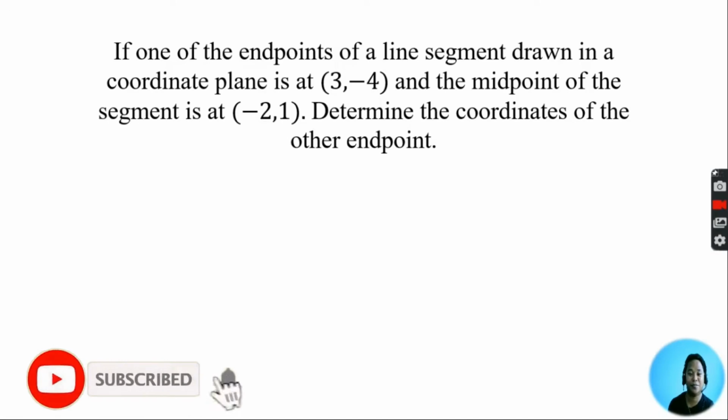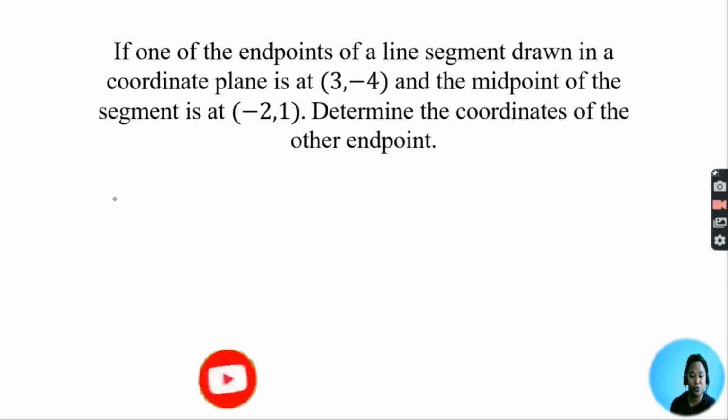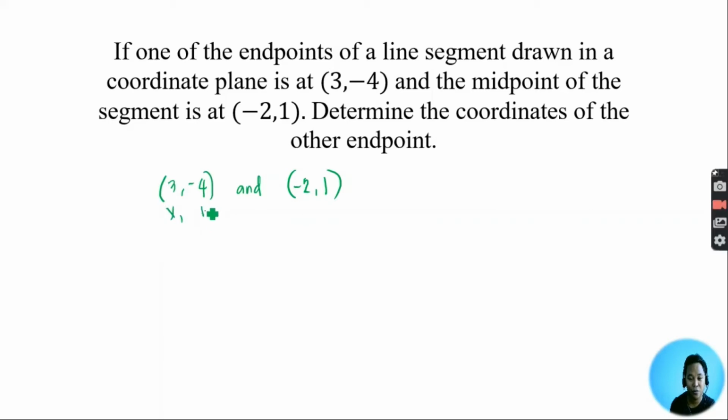Meron po tayong isang method po para ma-solve po yung ating ganitong problem po. So, since meron tayo palang point (3, -4) and (-2, 1), we have x sub 1, y sub 1, and the x coordinate of the midpoint and the y coordinate of our midpoint.